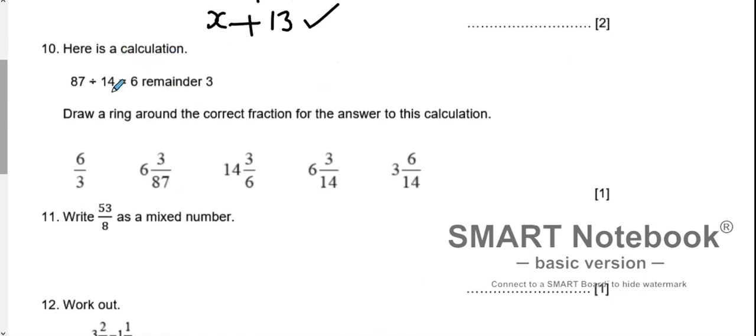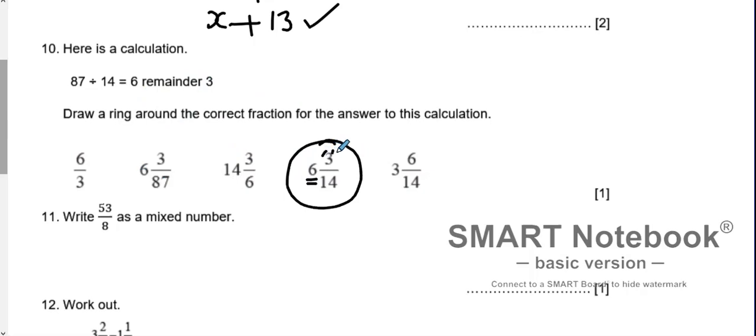Here is a calculation. 87 divided by 14 is 6, remainder 3. So how do we put it as a mixed number? 6, remainder 3. So this will be the correct answer. 6 is here.